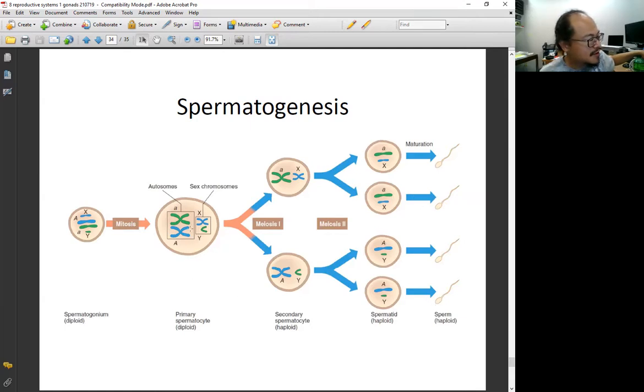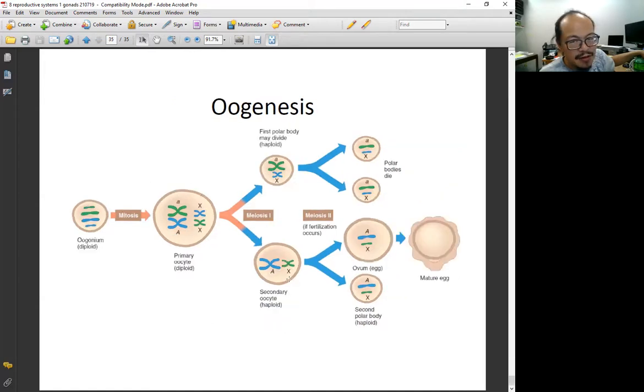Not only that, the spermatogonium can reproduce itself in the adult male. So we will see mitosis as well as meiosis in an adult male. But in the adult female, we won't see mitosis. There will be no oogonium stem cell to replenish itself.